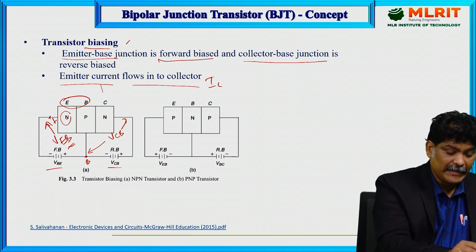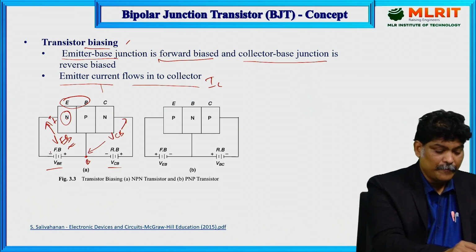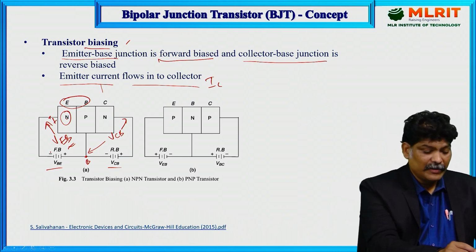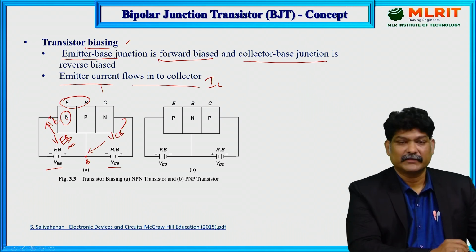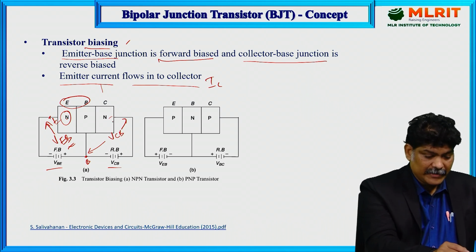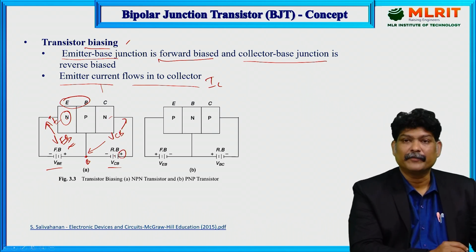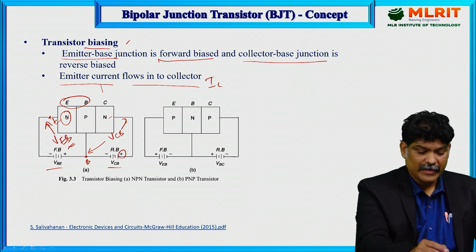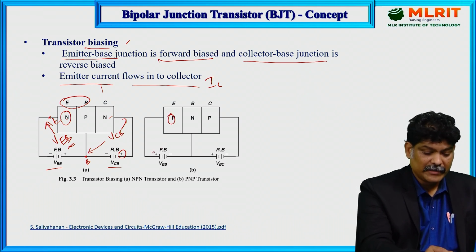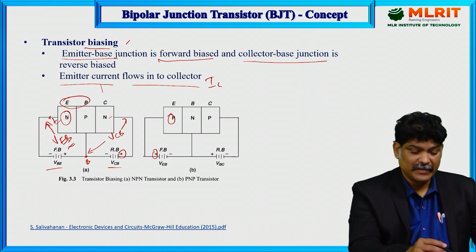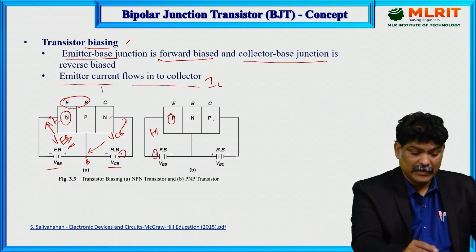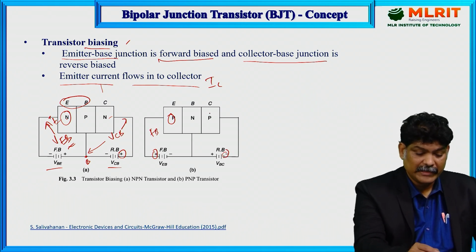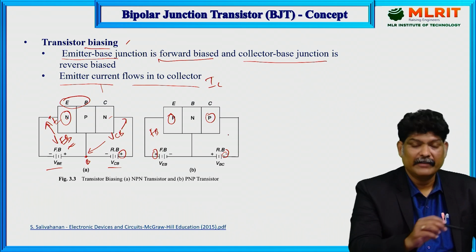So the N type semiconducting material is connected to the negative of the battery, therefore we can say this is forward bias. Here N is connected to the positive of the battery, that means reverse bias. Here the P side is connected to the positive of the battery, hence it is forward bias, and the P side is connected to the negative of the battery, so it is reverse bias.